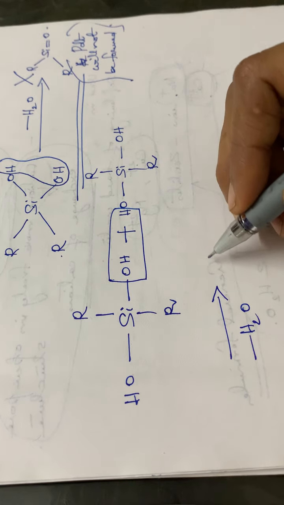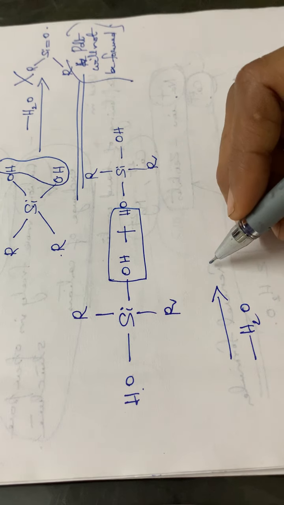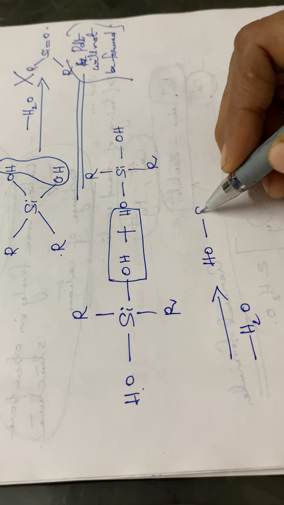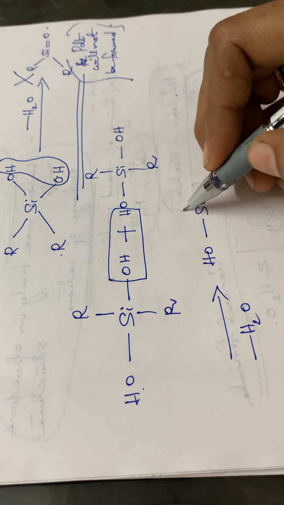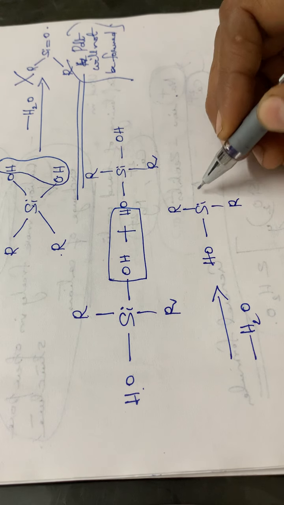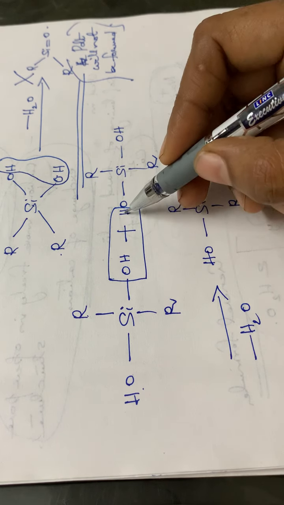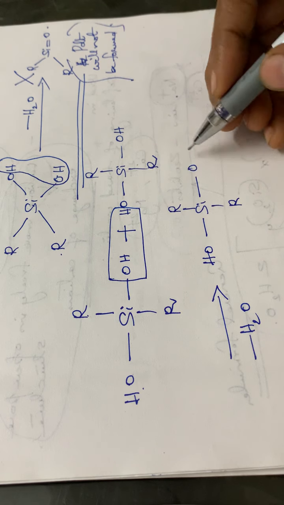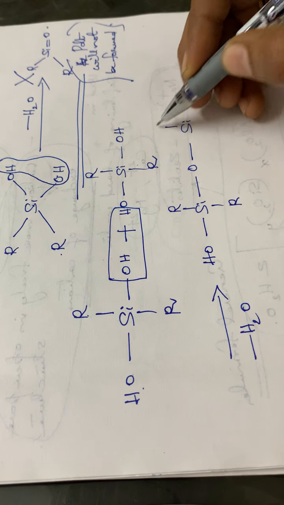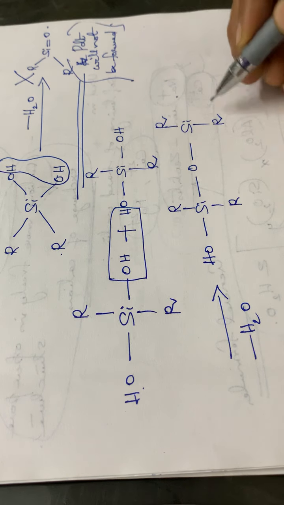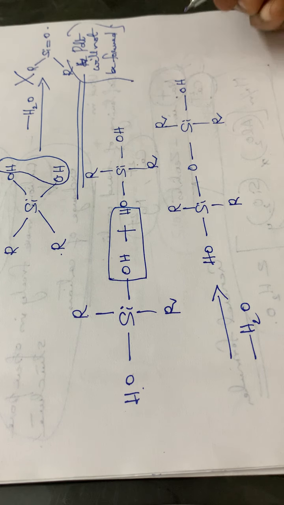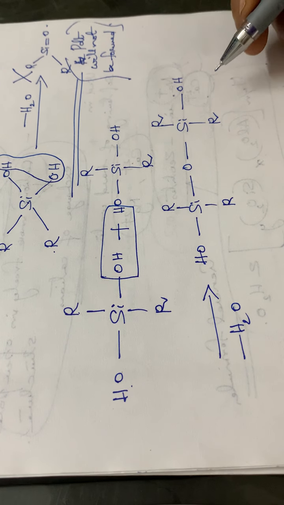So the product will be HO-SiR2-O-SiR2-OH. Okay, so this is the first product formed.